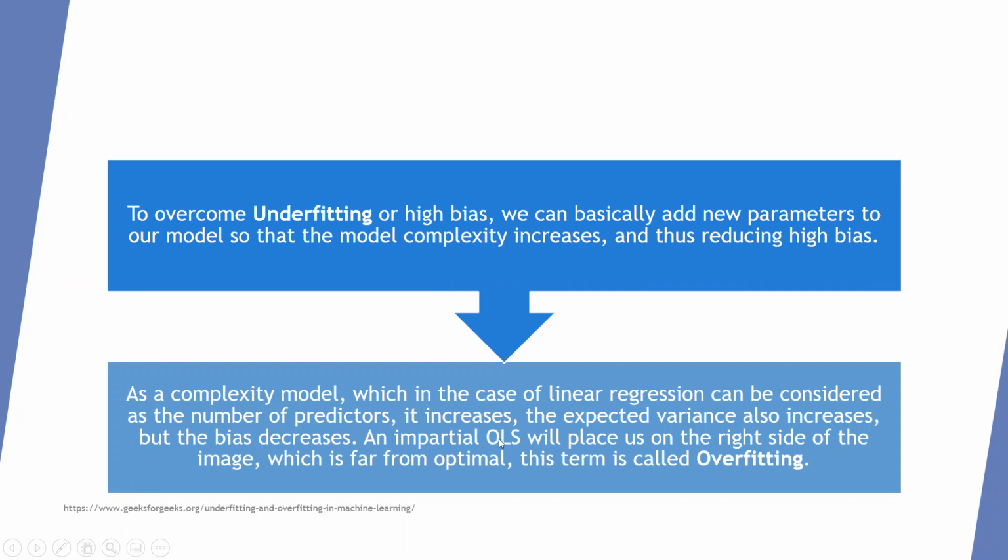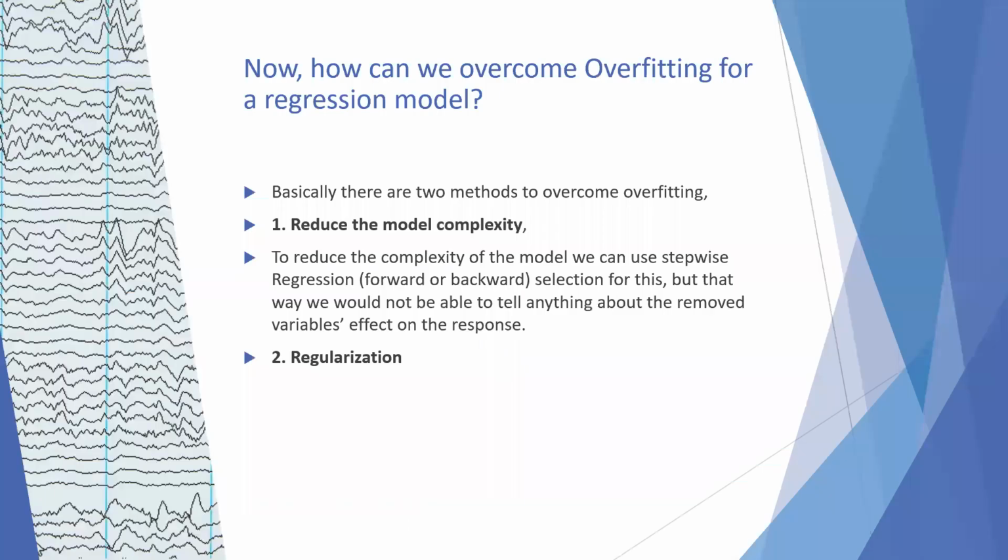An impartial OLS will be placed on the right side of the image, which is far from optimal, and this is called overfitting. So when we have to deal with underfitting and high bias, we add more predictors to the model so that we get better results.